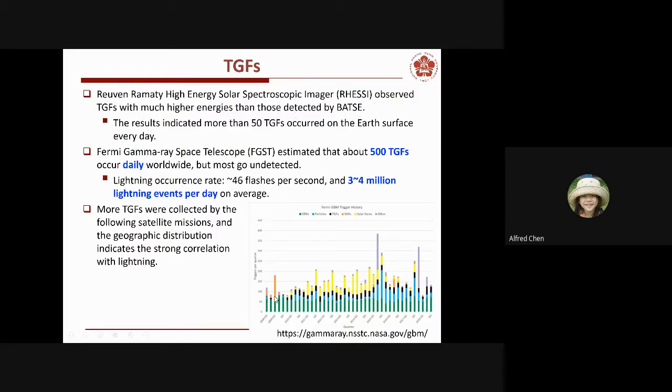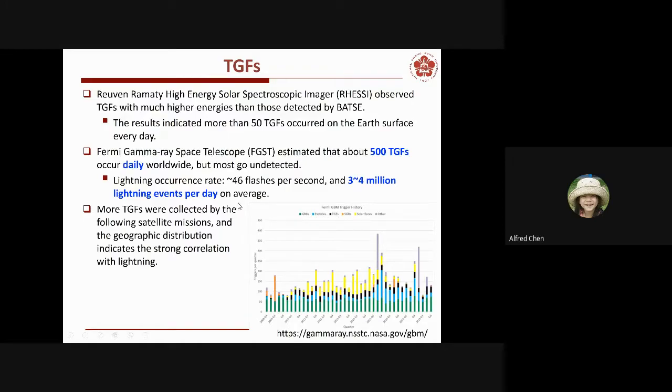So we can see this is the statistics of the gamma rays detected by Fermi. The black portions indicate the terrestrial gamma ray flashes, and the green is gamma ray bursts. So they collected a lot of gamma ray bursts and terrestrial gamma ray flashes for further studies.